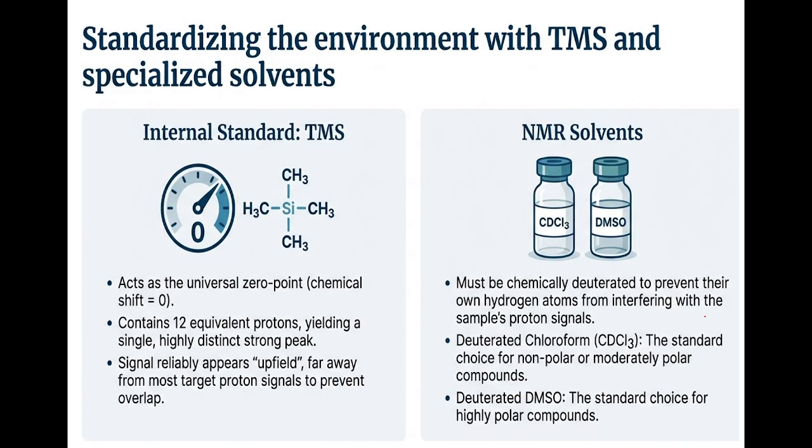Remember them. Now, another important thing is TMS that we've been talking about. TMS is basically silicon with 4 methyl groups attached to it. Why are we using this, and why are we assuming that ppm for TMS is 0?